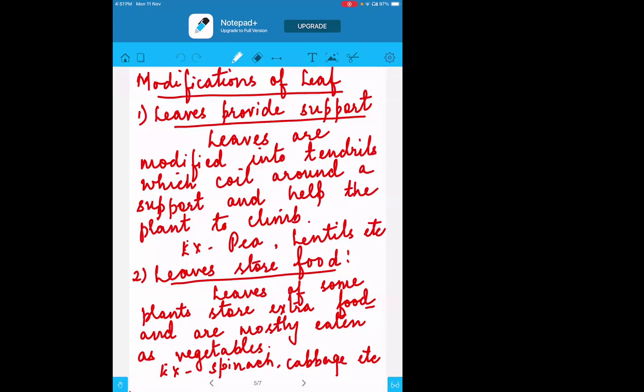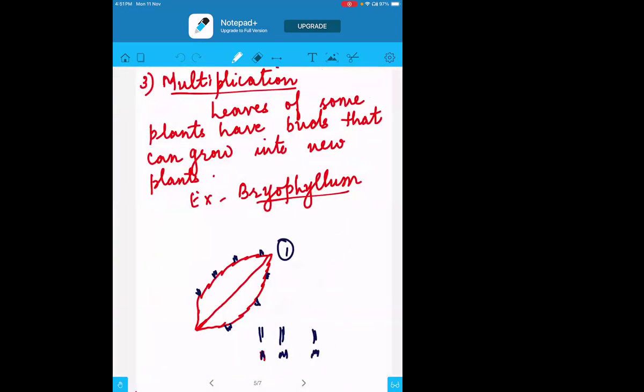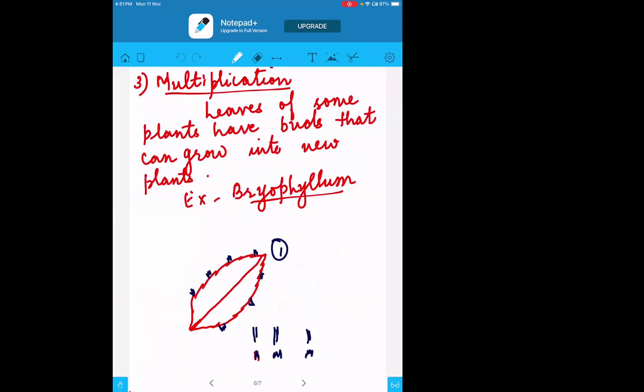Have all done, children, this page? Yes, ma'am. No, ma'am. One minute. Okay. Ma'am, over. Okay, now copy this third page, next page, third point.